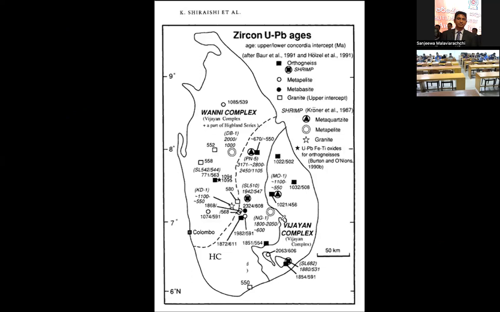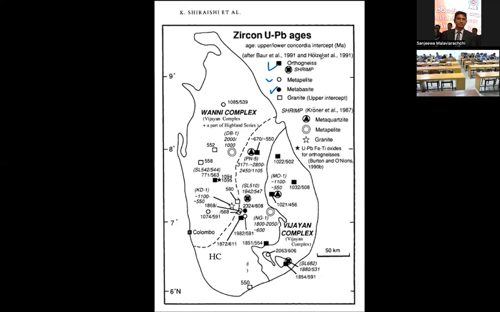So these are the plotting of the ages from the Sri Lankan terrain. You can see different rock types: orthogneisses, metapelites. Pelites means sedimentary rocks, meta-sedimentary rocks. And metabasite means metamorphosed mafic rocks.